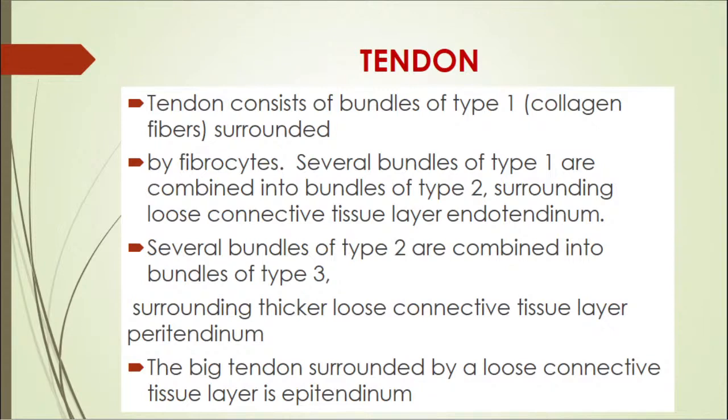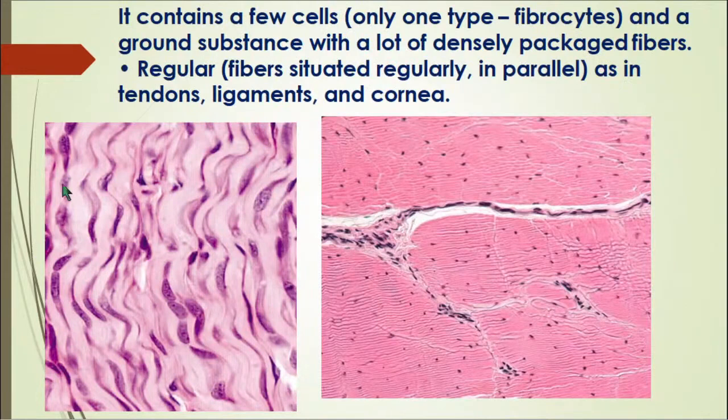And we also have to know that several bundles of type 2 combine into bundles of type 3. And we have another variant, a thickened loose connective tissue layer, the peritendinium. And outside is visible a layer of epitendinium. We have seen it here.